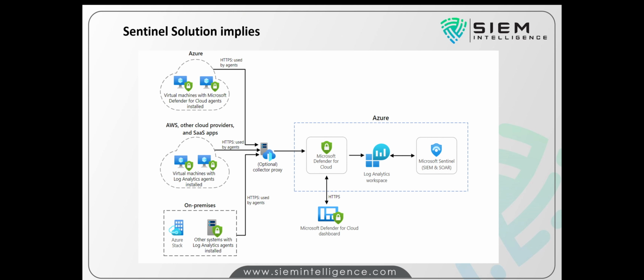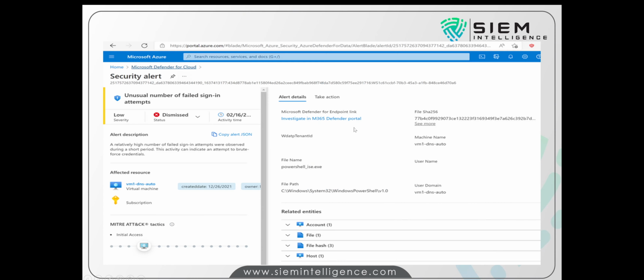But the concern is how I can use this particular product. So we have these kinds of solutions. This is something like security alerts, and how we can monitor them. If there is a security alert, how can I monitor it, how can I see it, how can I dismiss it?